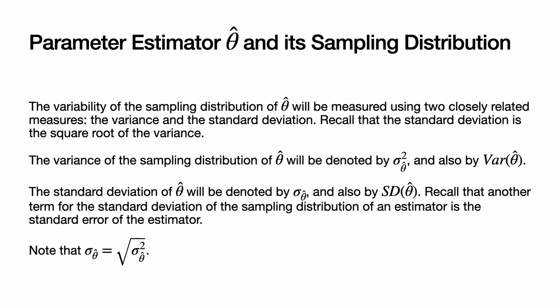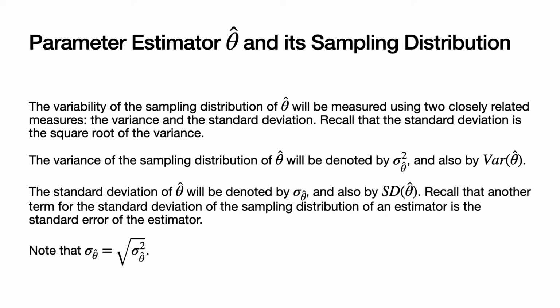The variability of the sampling distribution of theta hat will be measured using two closely related measures, the variance and the standard deviation. Recall that the standard deviation is the square root of the variance. Now, the variance of the sampling distribution of theta hat will be denoted in a couple of ways in these lectures and notes.